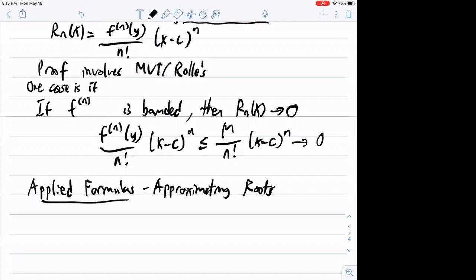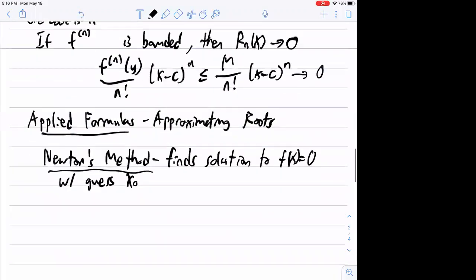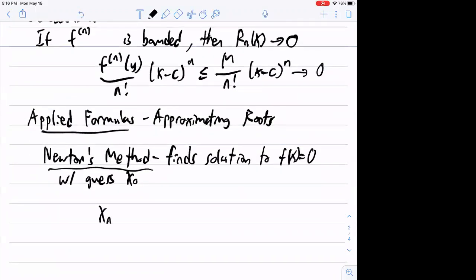For people who want to do applied math, this is useful. There's something called Newton's method, which I won't go into in detail because it involves some calculator work. Find a solution to f of x equals 0 with guess x naught. But the idea is important. So let me just show you.